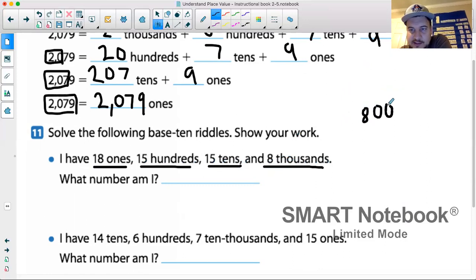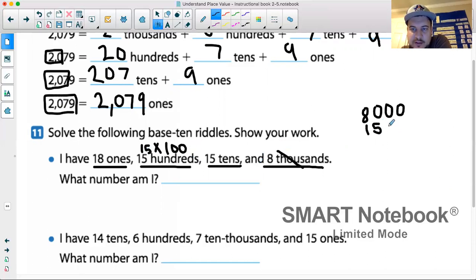Try to keep it nice and organized. I have 8 thousands. Cross it out. I've used it. I have 15 hundreds. So this is 15 times 100. Okay, so that's 15 with 2 zeros behind it.